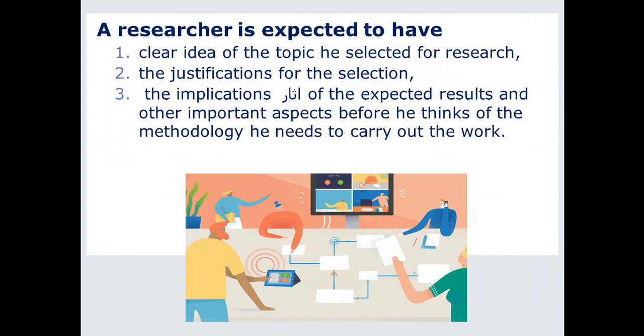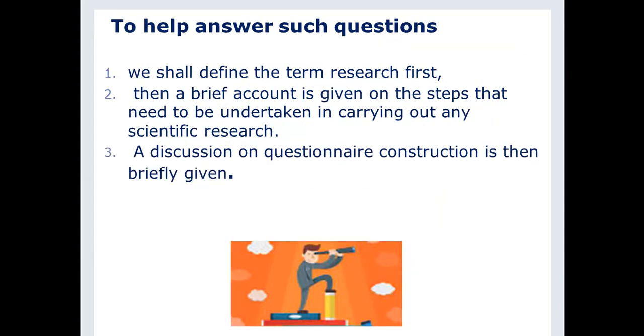So, a researcher is expected to have a clear idea of the topic he selected for research, any topics, regarding medical topics, regarding maybe engineering topics and so on, and the justification for selection, why he chose this topic, and implication of the expected result and other important aspects before he thinks of methodology, what he expects the result is, and then he has to think about the methodology he needs to carry out, to do his work.